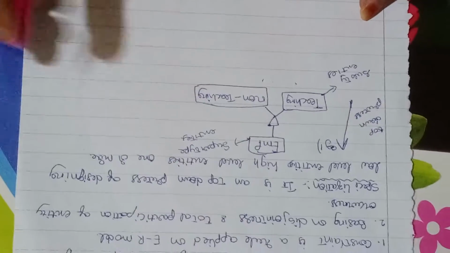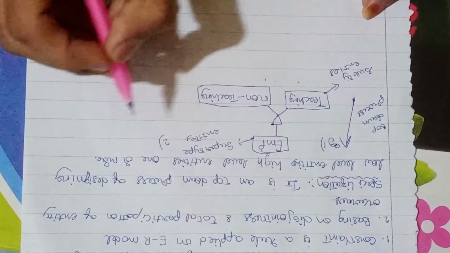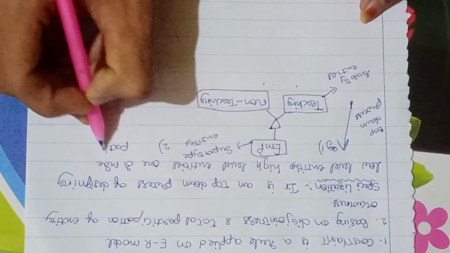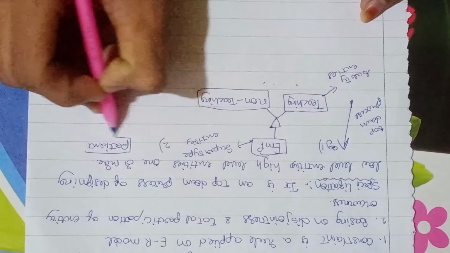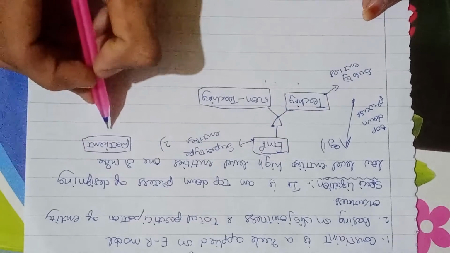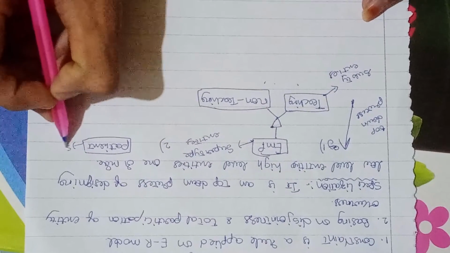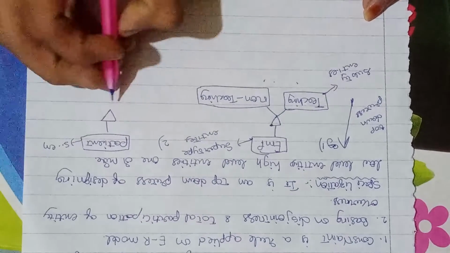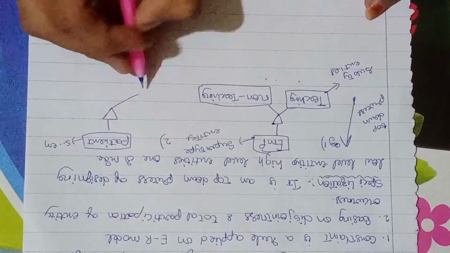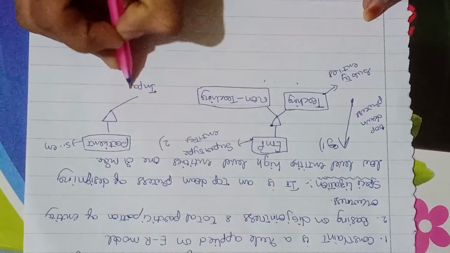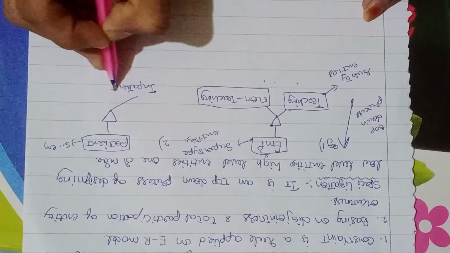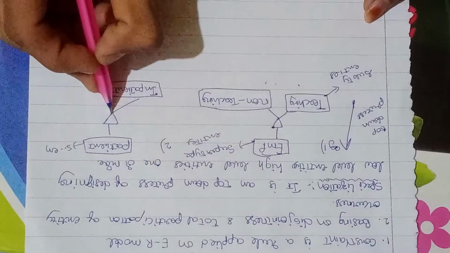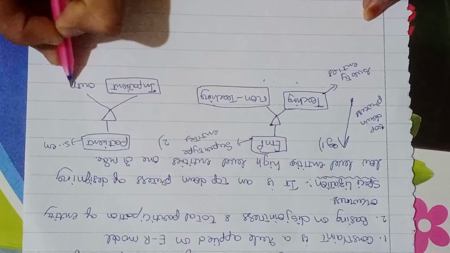Second, we can see patient. Patient is the supertype entity. This symbol represents specialization in patient. This is outpatient.